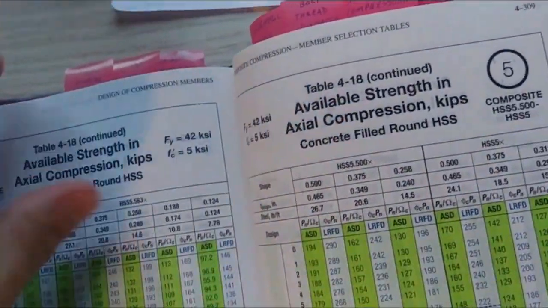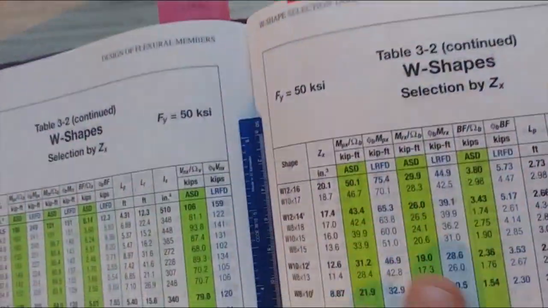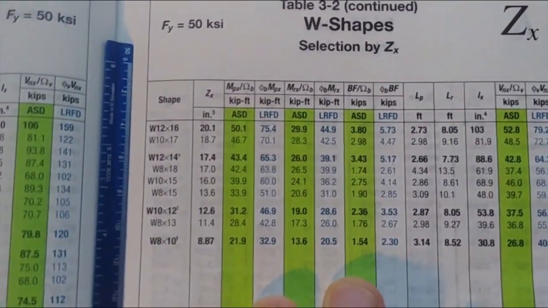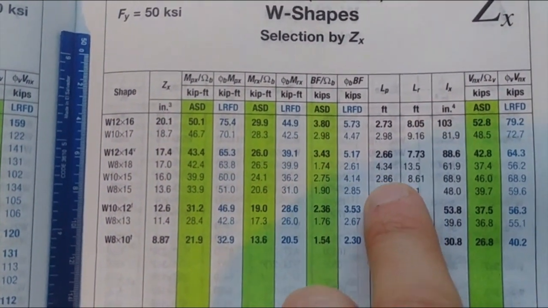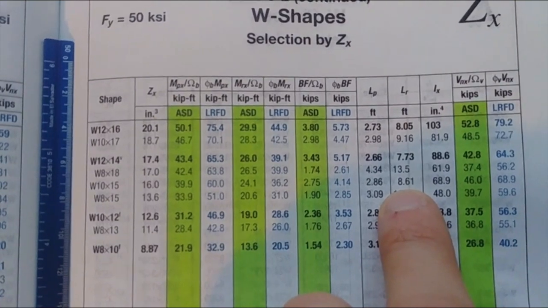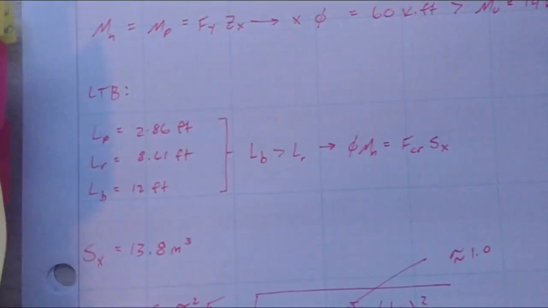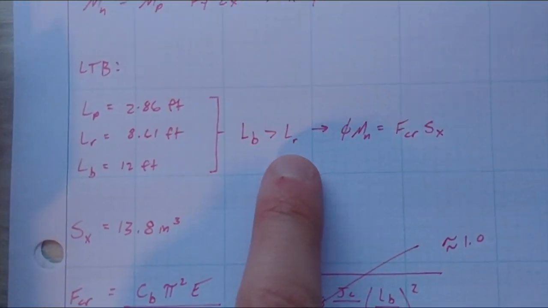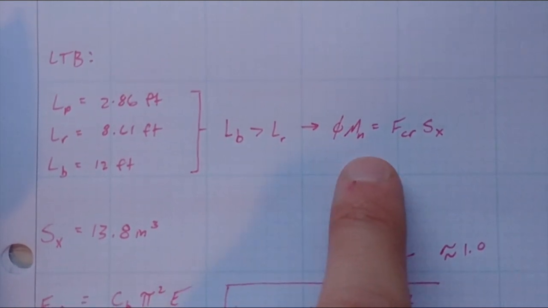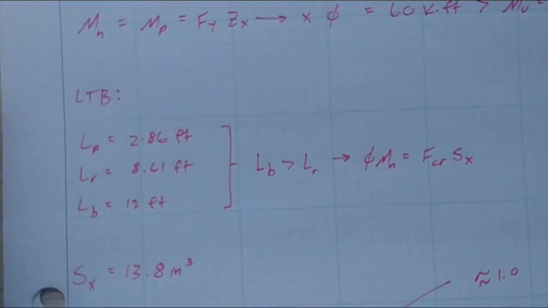So if we flip all the way back to our Z tables, thank goodness, you can see we go to our W10x15, and you have Lp and you have Lr. So we have both of those, so that's nice. And we know that Lb is greater than Lr, which means that phi Mn equals Fcr Sx, which is our elastic section.